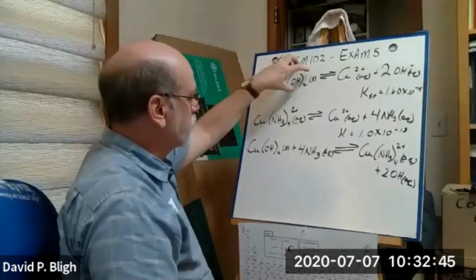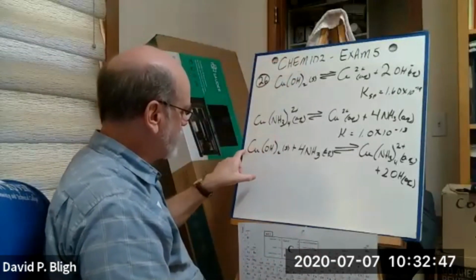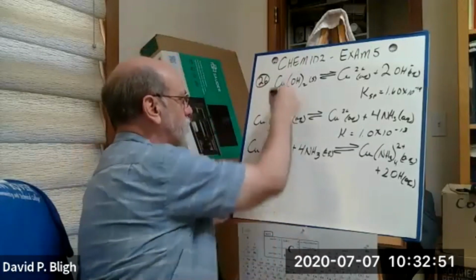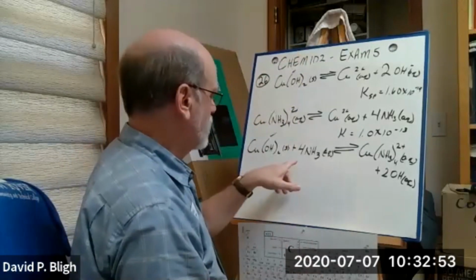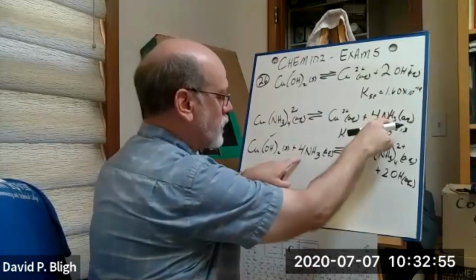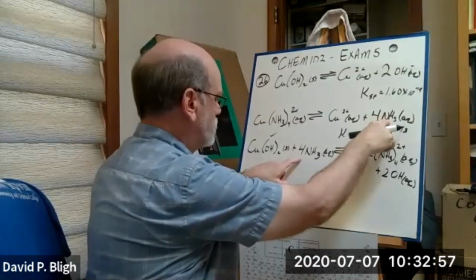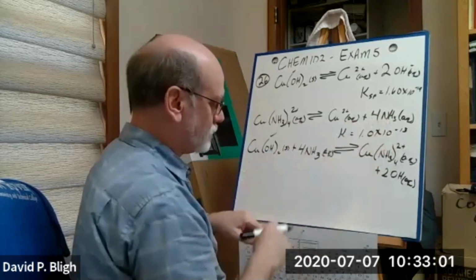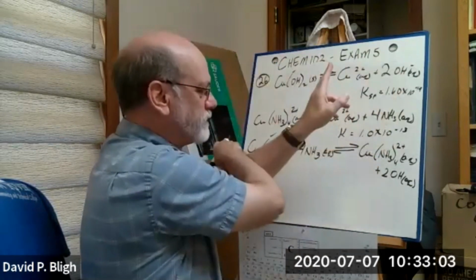All right, so this one's on the left-hand side, that one's on the left-hand side in the proper amounts. That's good. This one's on the wrong side over here. So that equation would have to be inverted.